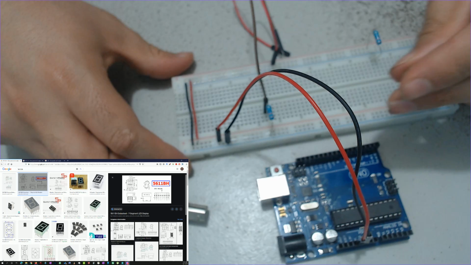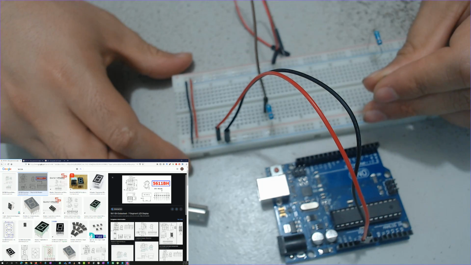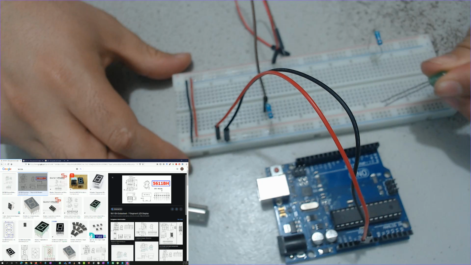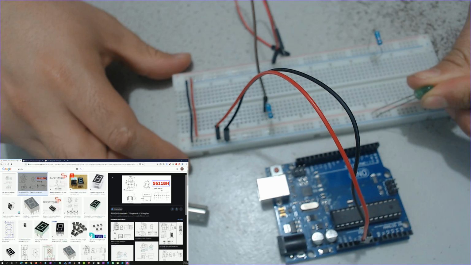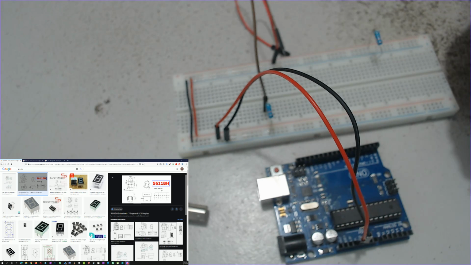If I put the LED directly to the power, I may damage my LED because there is no restriction on the current, and I don't want that, right? Because that may damage my element, and of course I don't want to damage this little guy.